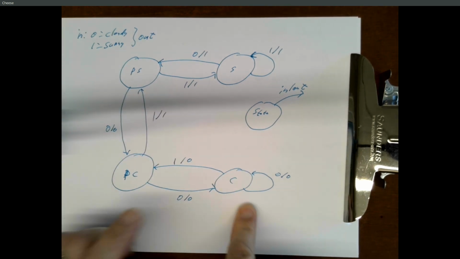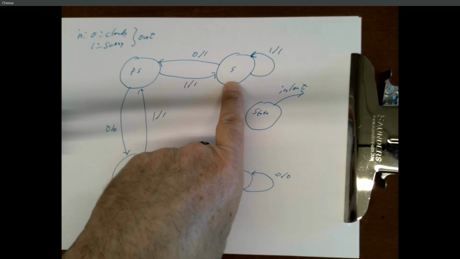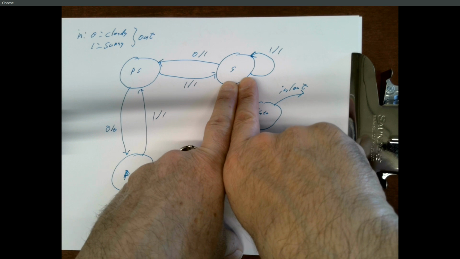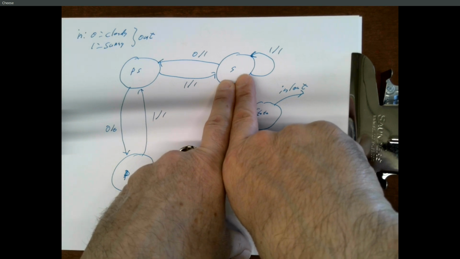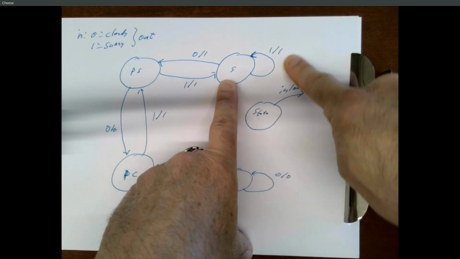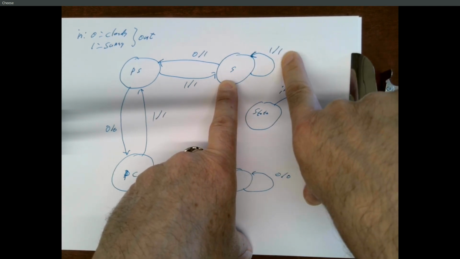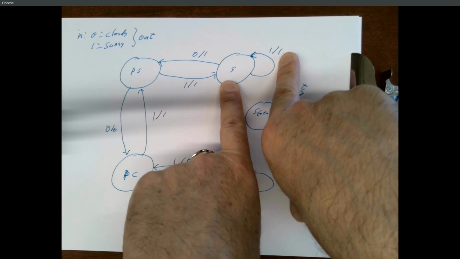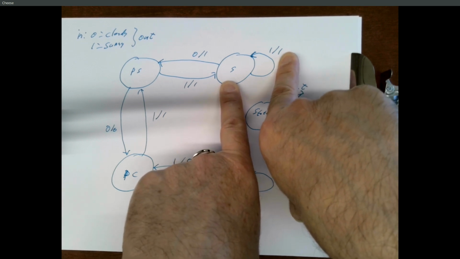Okay, so how does this work? We're sitting right here, it's sunny outside. So if the sun is out, we're going to stay in the state S, and we're going to say that tomorrow's weather is going to be sunny. This is the best way to predict weather, just repeat today's weather.